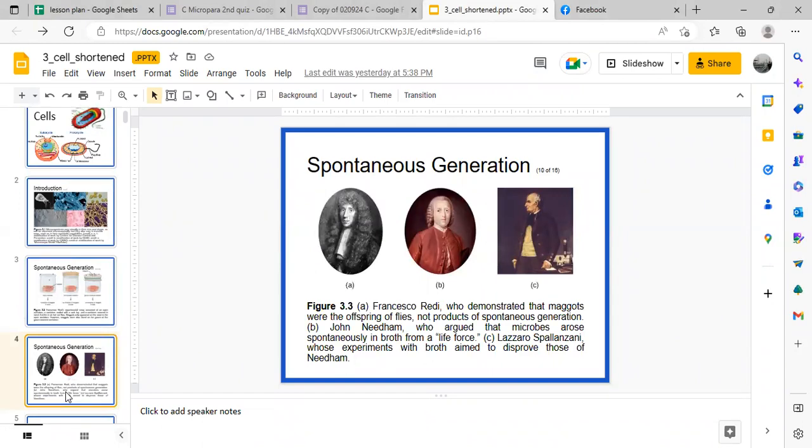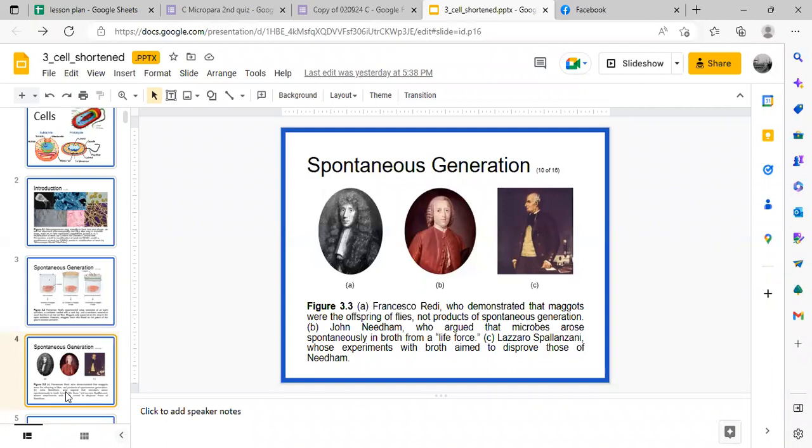Pero may ibang scientists like Needham, so hindi pa masyadong fine-tuned yung mga microscopes during that time. He did an experiment where he heated chicken broth, no? So, pag masira yun, mangangamoy yun, di ba? Pag iniwan mo, gawa sa mga chicken material.